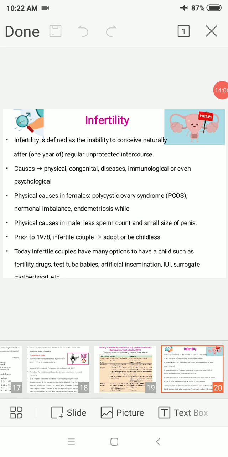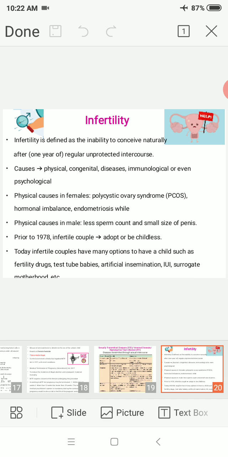Now next, infertility. Infertility is defined as the inability to conceive naturally after 1 year of regular, unprotected intercourse. The causes of infertility could be physical, congenital disease, immunological, or even physiological.